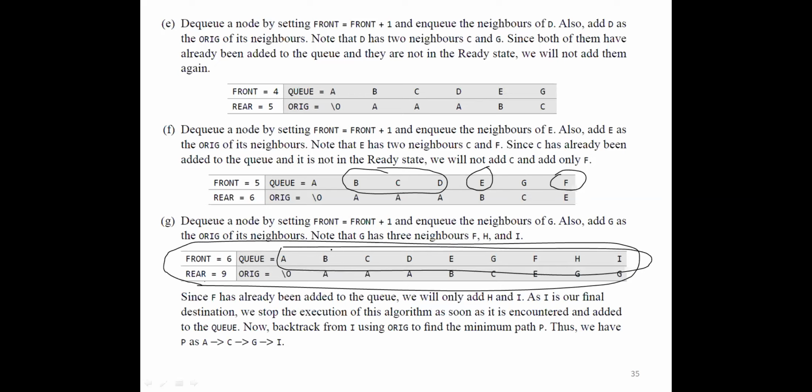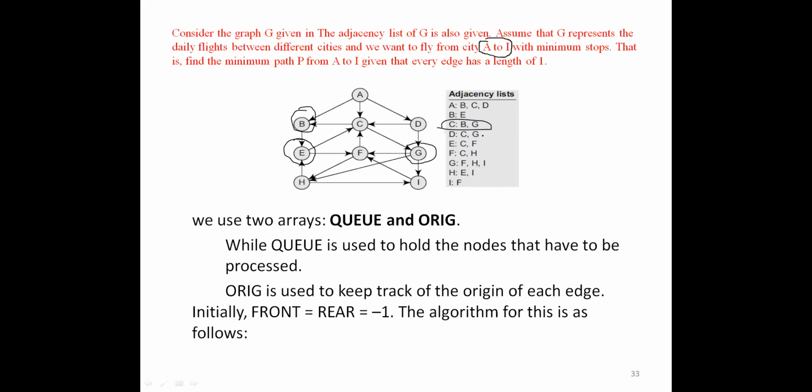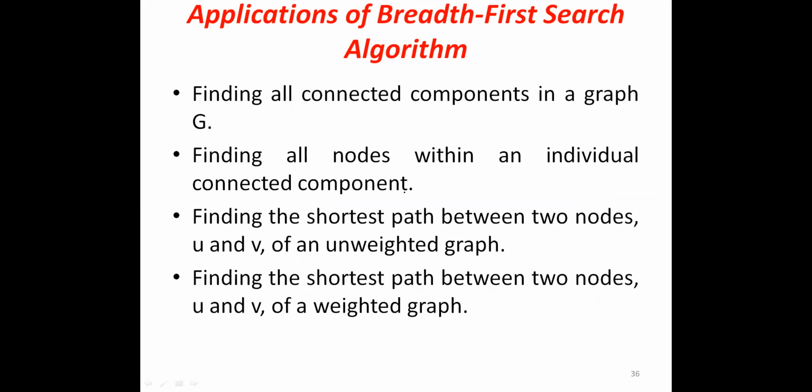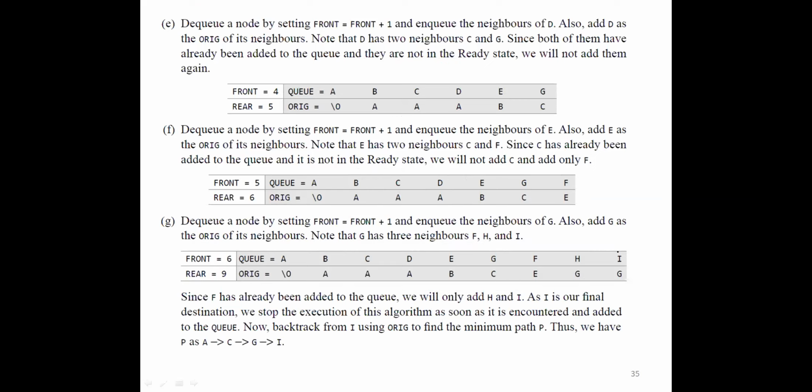Once it is visited, our actual goal is to find the minimum path from A to I. So who is the origin of I? G. Okay, now you backtrack.